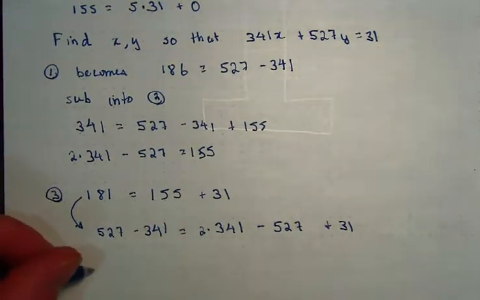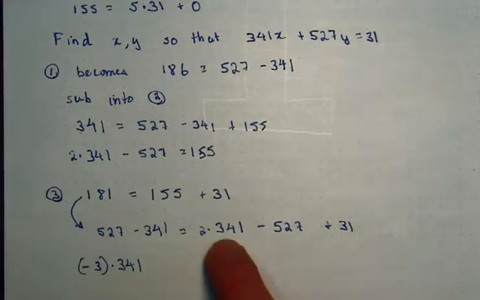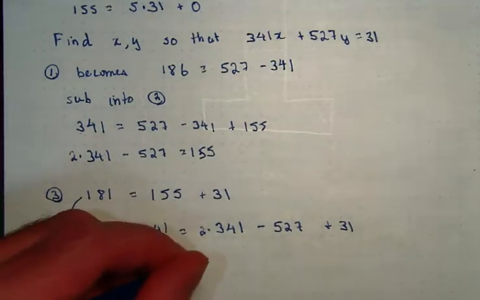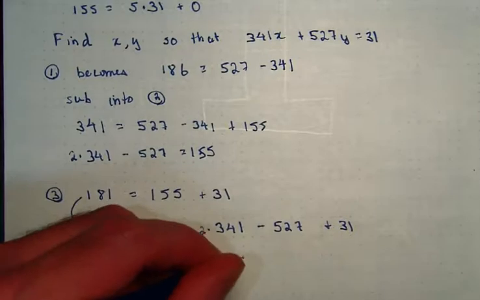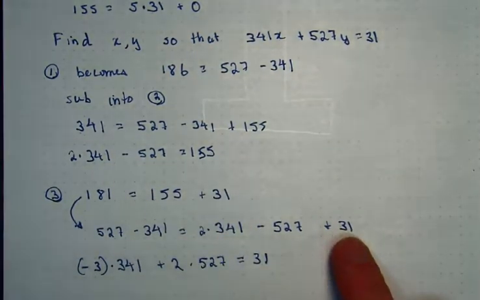So let me see. If I collect terms, it looks like I got negative 3 times 341, because I would have to subtract this from both sides. And then I would add this over, so it would be plus 2 times 527, and that would leave the 31 over here on the right-hand side isolated.